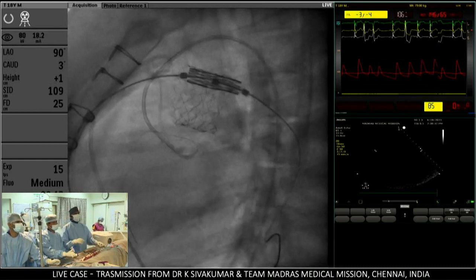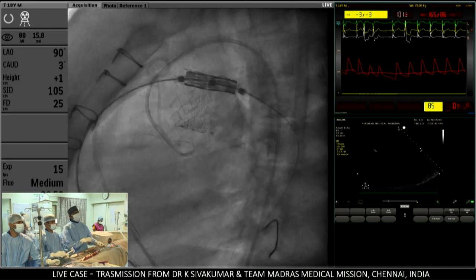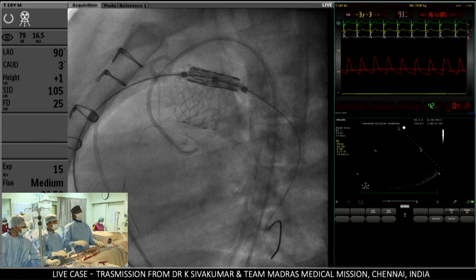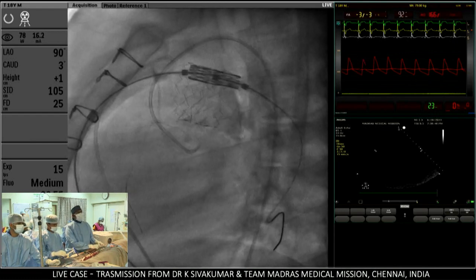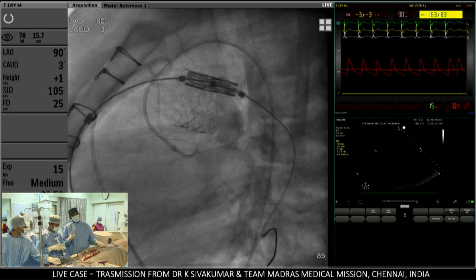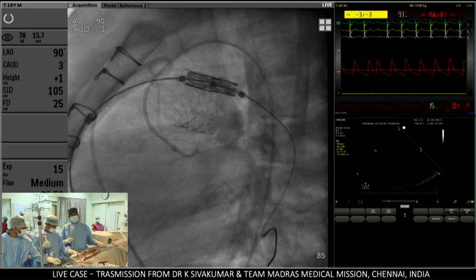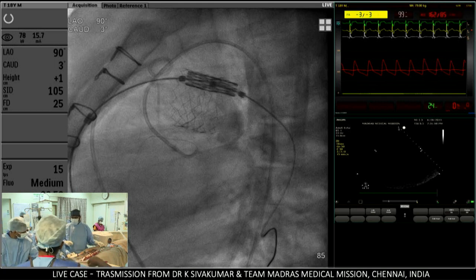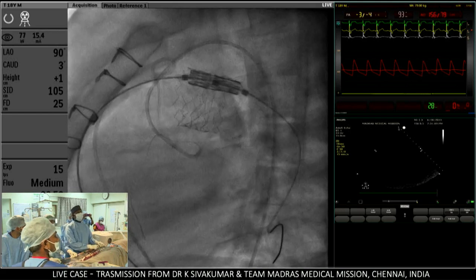It's a pre-mounted valve. We don't mount it in the inferior vena cava and push it up. Right now I have this 26 millimeter Myval, which is going plus 3 ml, so it will go to 27 or 27.5.